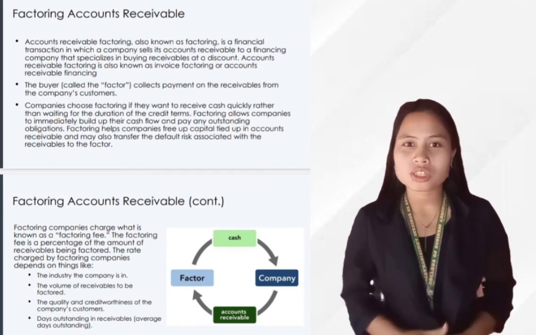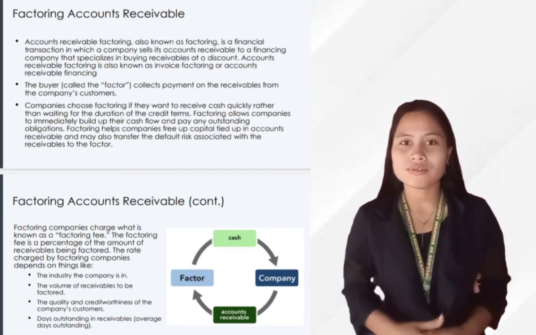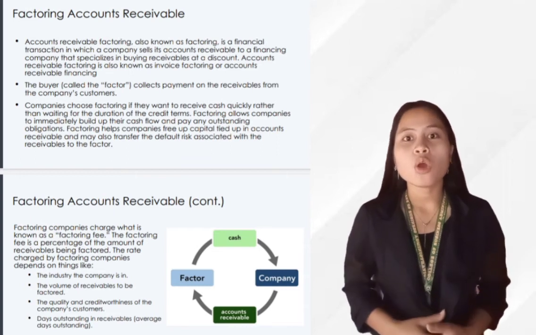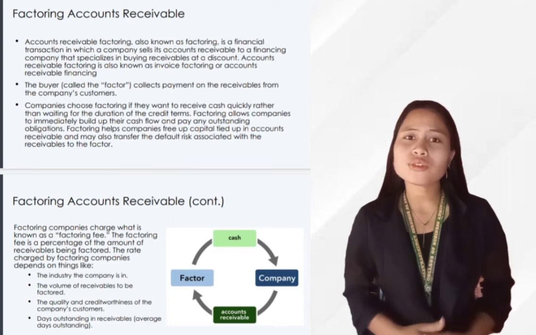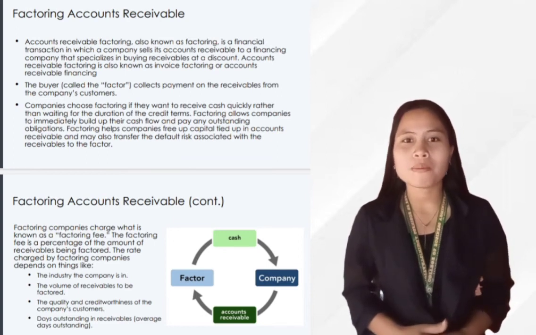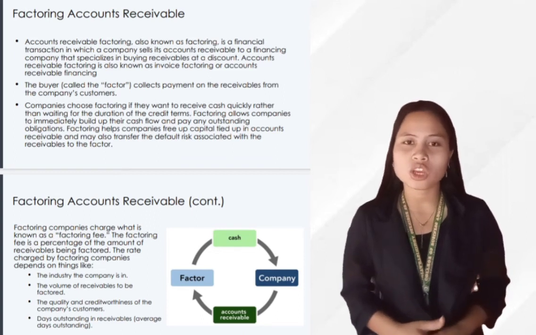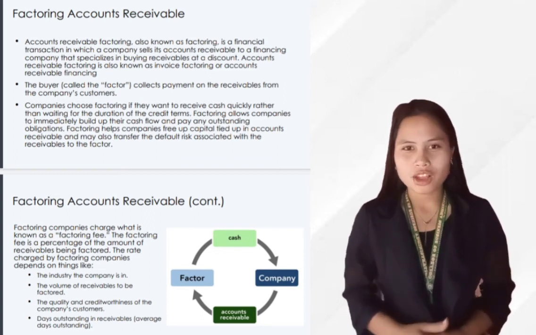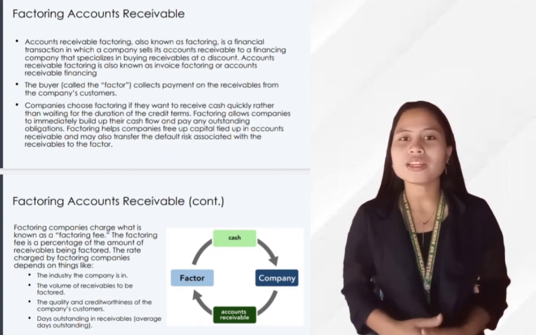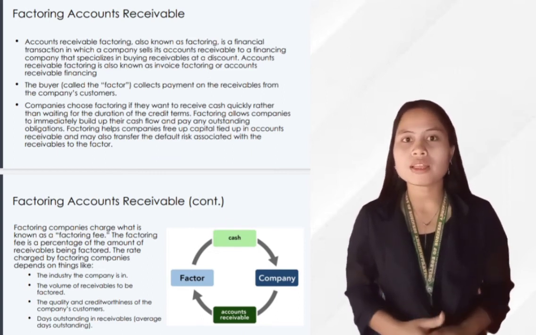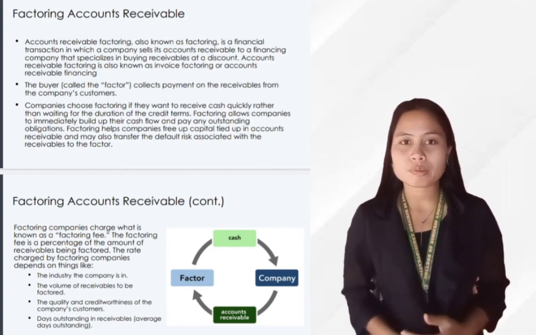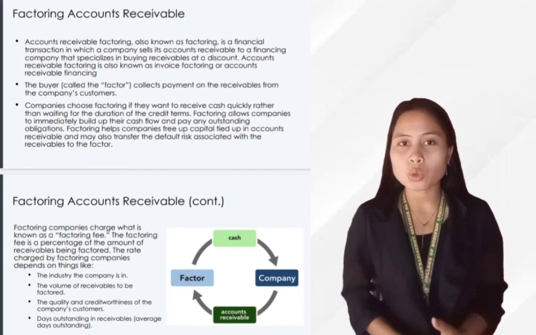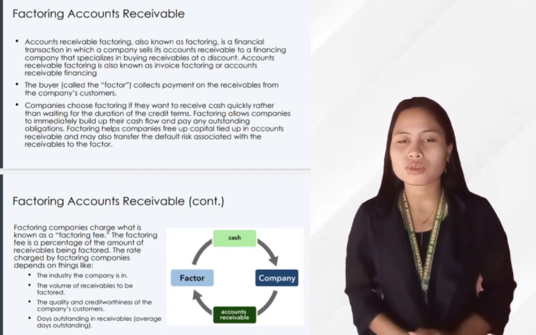Then, a company chooses factoring if they want to receive cash quickly rather than waiting for the duration of the credit terms. Factoring also allows a company to immediately build up their cash flow and pay any outstanding obligation. Factoring helps companies free up capital tied up in accounts receivable and may also transfer the default risk associated with the receivable to the factor.